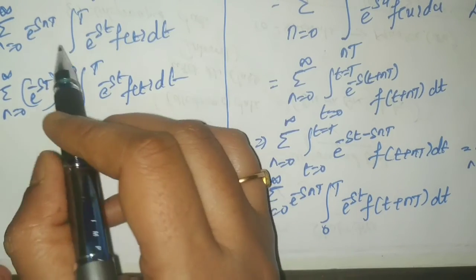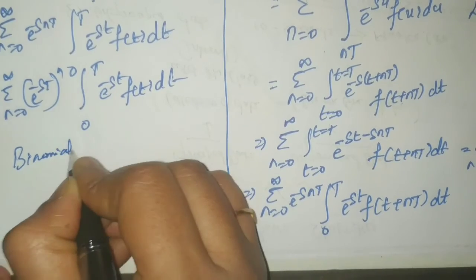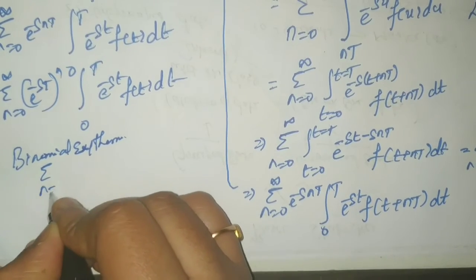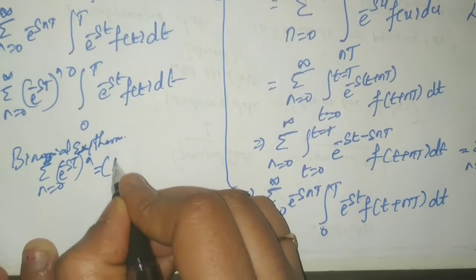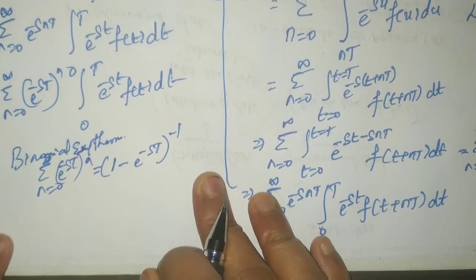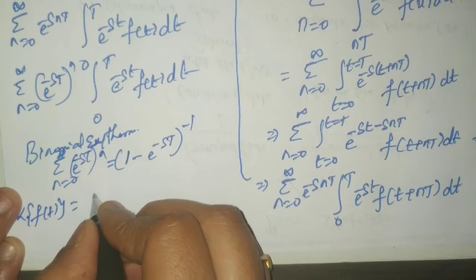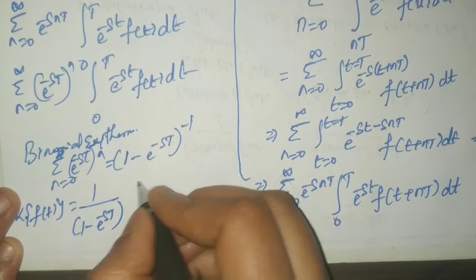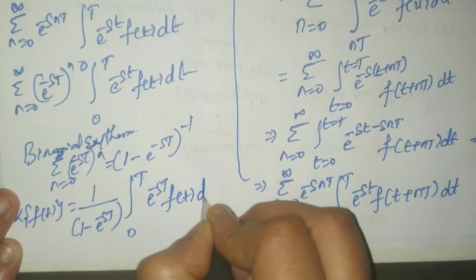This is a binomial expansion, or by the binomial theorem, summation n is equal to 0 to infinity, (e power minus sT) whole power n can be written as (1 minus e power minus sT) power minus 1, which we can substitute back here. So the Laplace transform of f of t is 1 by, taking the minus 1 to the denominator, 1 by (1 minus e power minus sT), integral 0 to T, e power minus st, f of t into dt.